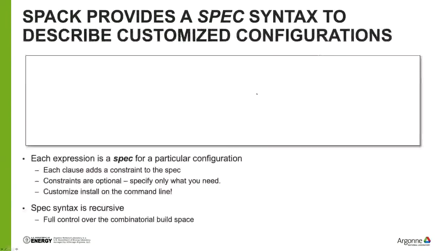Okay. To speak a little bit about how Spack works, when you ask Spack to do something, you provide what's called a spec. This is, for example, to install an MPI package, or it could be HDF5. If you just give it an unconstrained spec, Spack will figure out the rest of it for you. It will make some decisions for you, and we'll get into that in a bit.